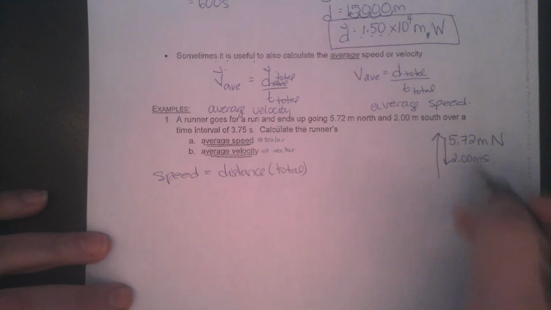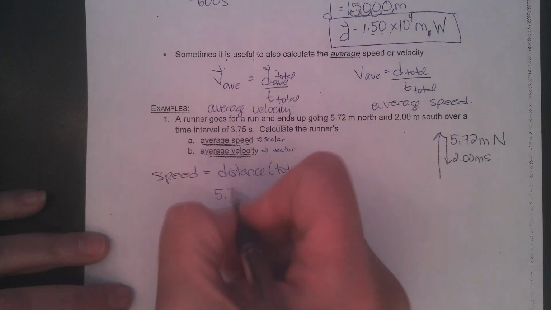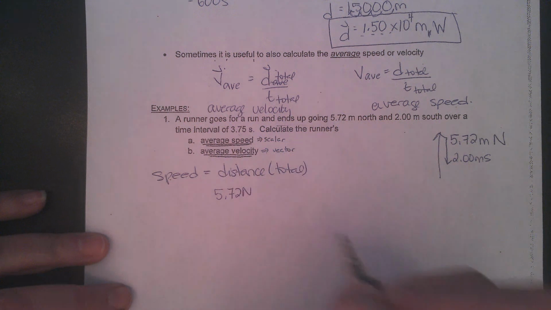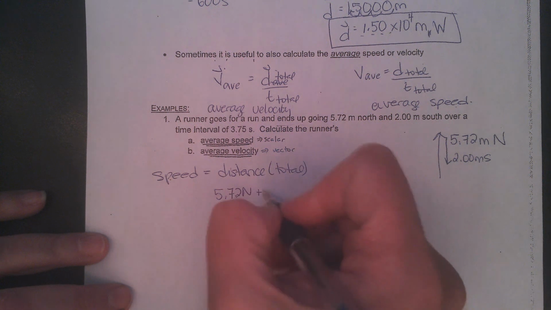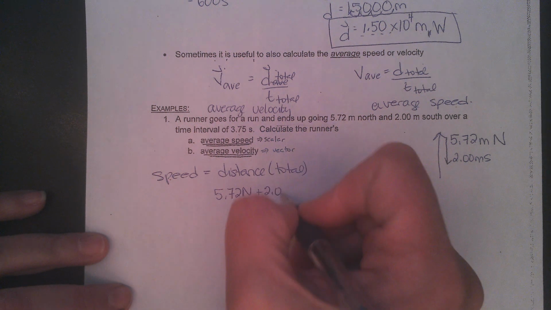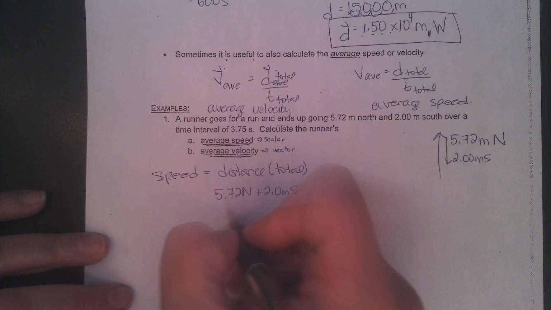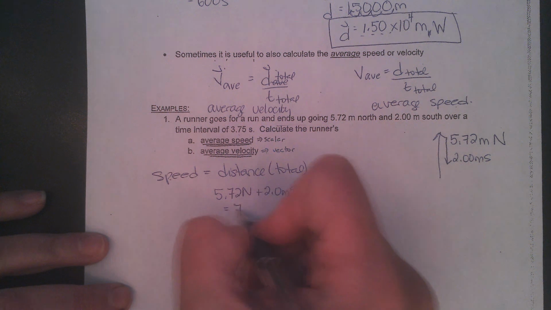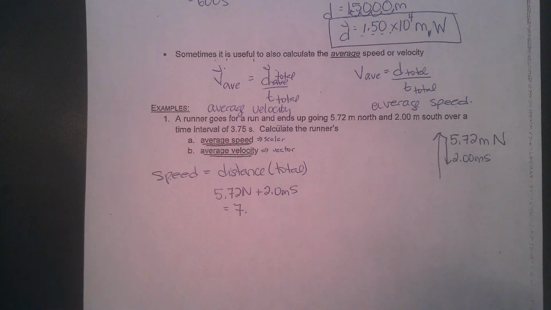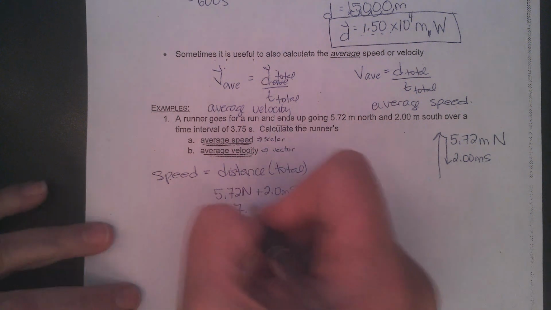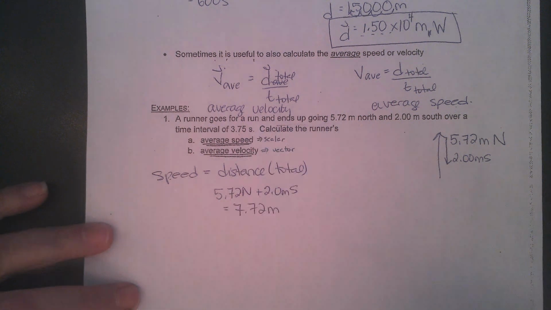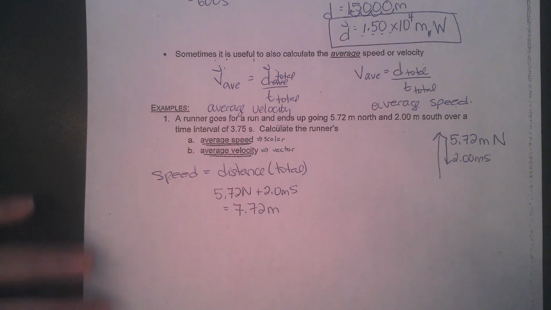So if he goes 5.72 meters north and then he goes 2 meters south, he went a total of 7.72 meters. That's the total distance.